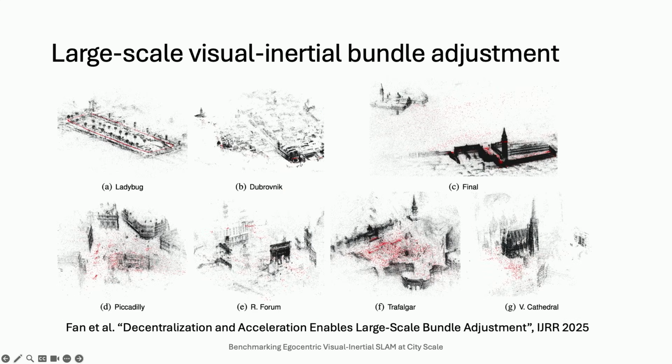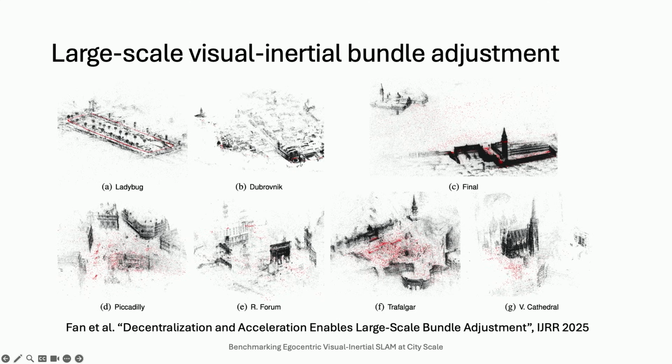And another direction, because the dataset has such a large scale, it's natural that we can use it to benchmark large-scale visual inertial bundle adjustment as a post-processing step. So in Aria MPS, I think the term is visual inertial VIBA as a post-processing. And here is an example that is kind of relevant.